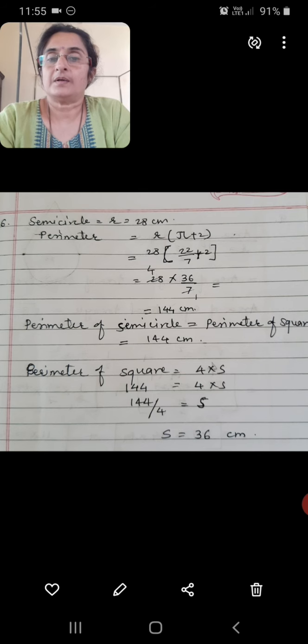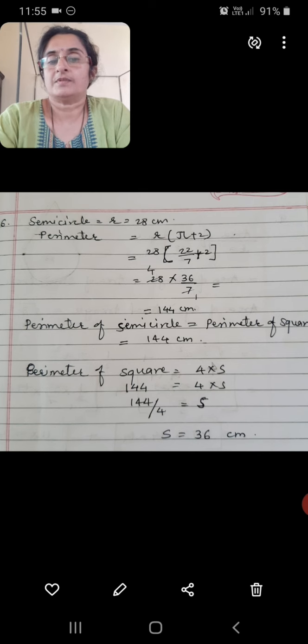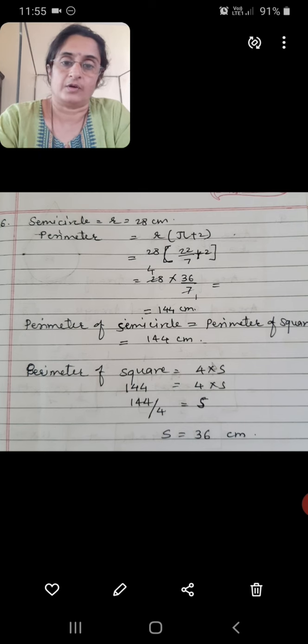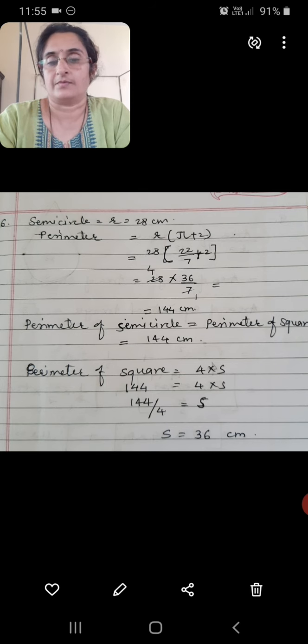Now the same wire is converted into a square. So the perimeter of the semicircle and the perimeter of the square are going to be the same, isn't it? Because the same wire is used. So perimeter of the square is 144 centimeter only, because the wire's length is not going to change whether you keep it in the shape of a semicircle or in the shape of a square.